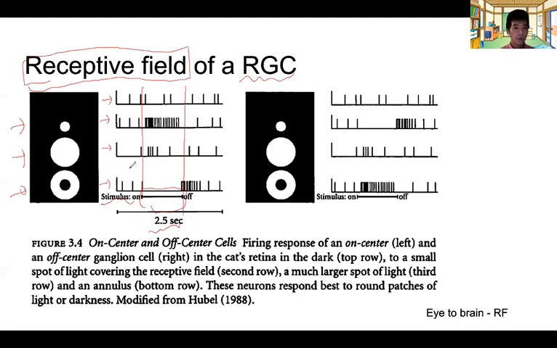So one would conclude that the neuron we are recording from has a receptive field that looks like this: the center area becomes activated by the bright spot, and it's suppressed by the dark spot in the center.